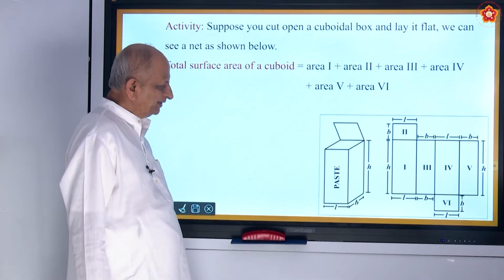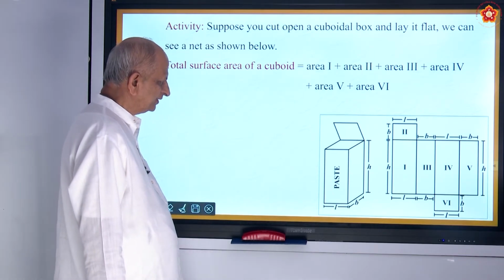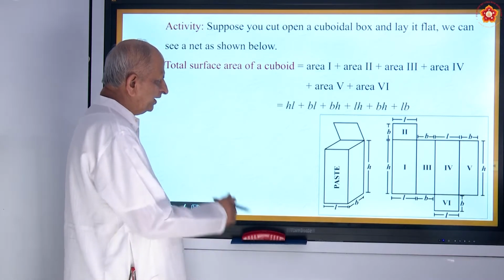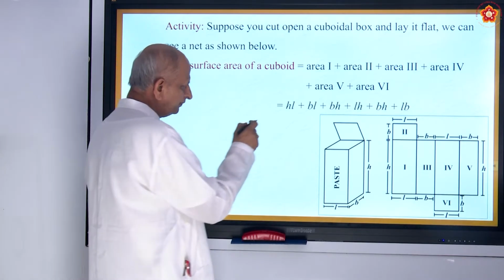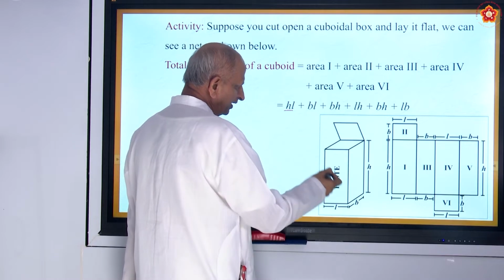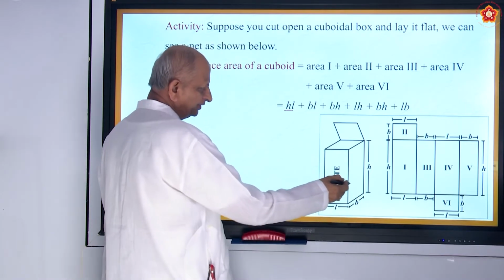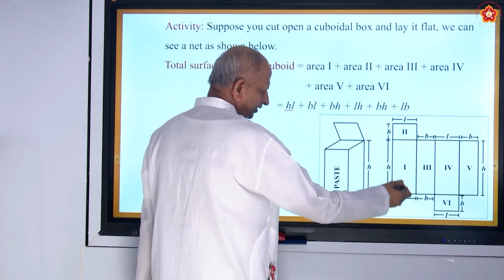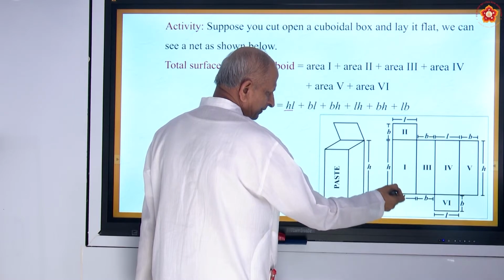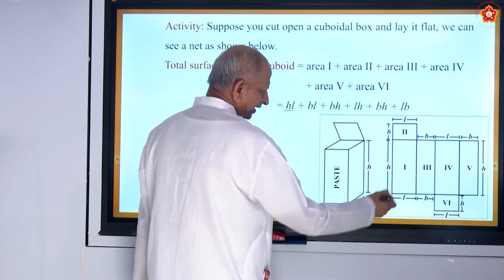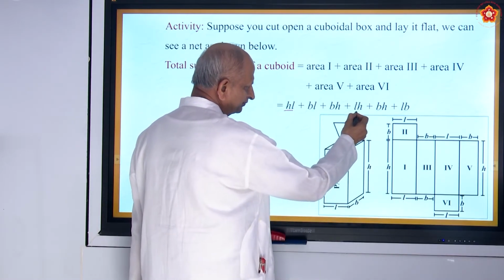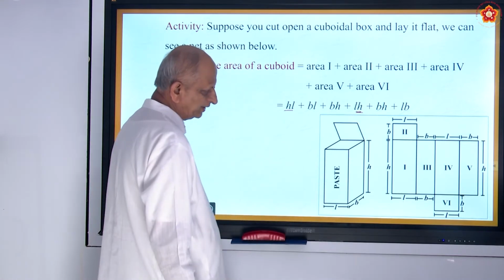And if you see the measurements or dimensions, area of first is H into L. So this is H into L, because it is a rectangle. And it is also same as this. That is also LH.